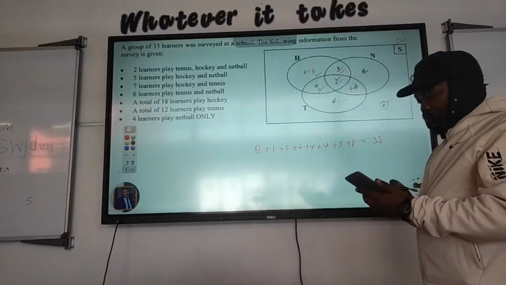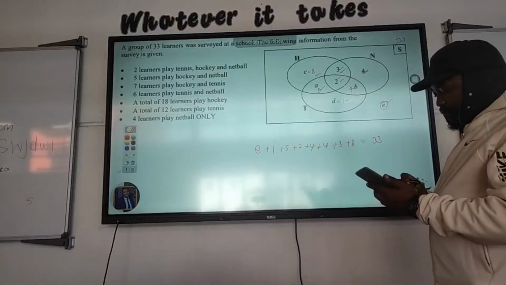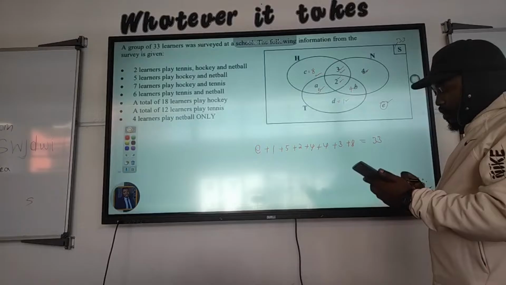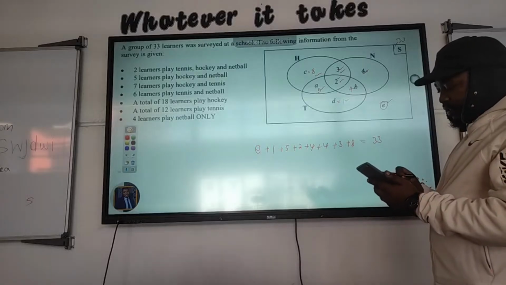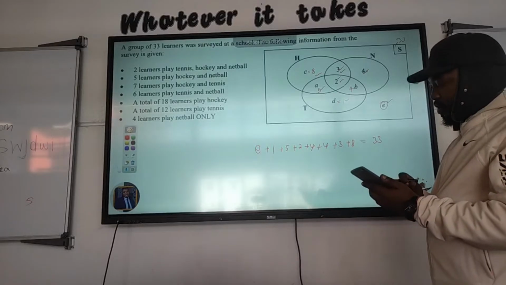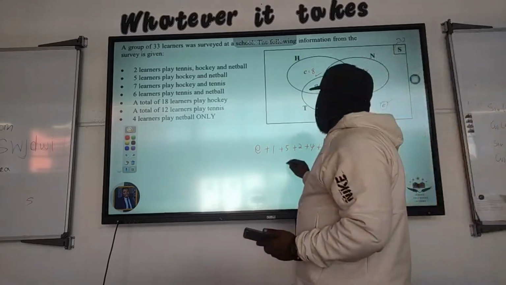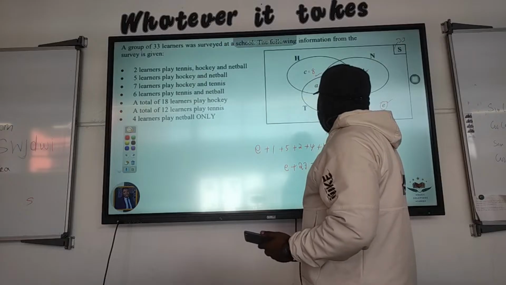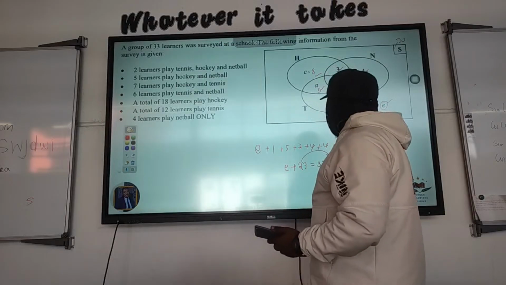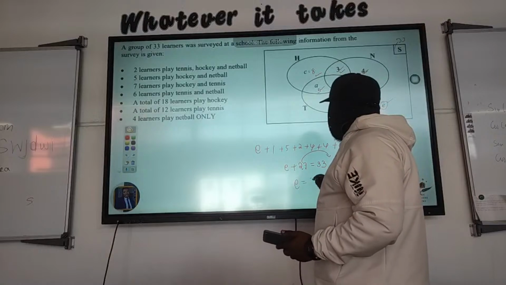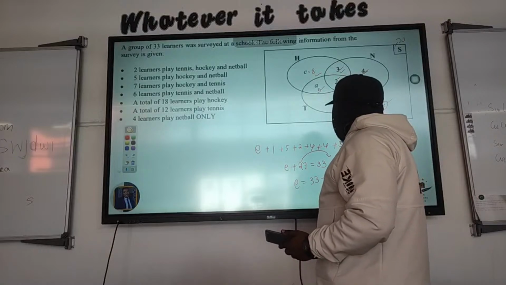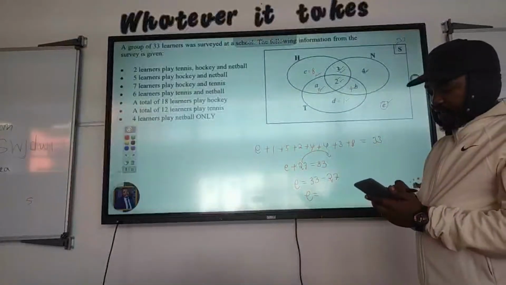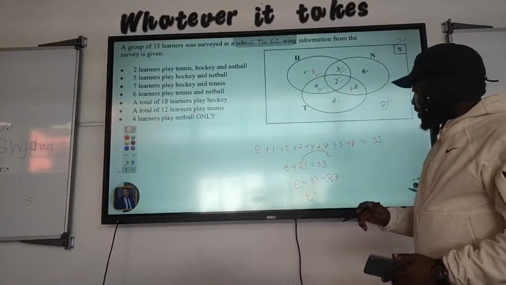Adding the numbers 1 plus 5 plus 2 plus 4 plus 4 plus 3 plus 8 gives 27. So we have E plus 27 equals 33. Our E will simply be 33 minus 27, and this will give us 6.